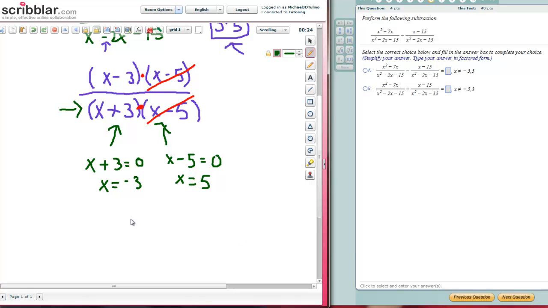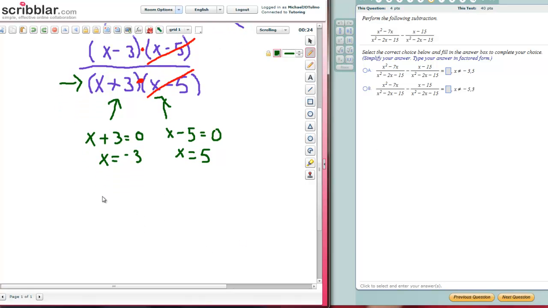So, let's write out our final answer here. Our final answer is going to be x minus 3 over x plus 3. And then we have to make sure we add this in, but it's already there for us. But we have to make sure we say x cannot equal negative 3 and 5.